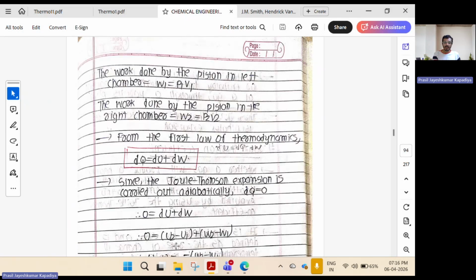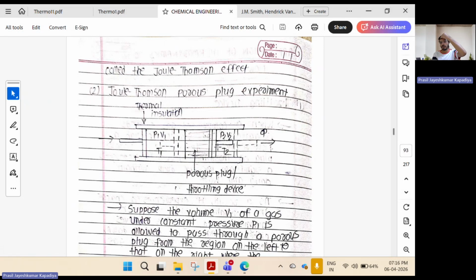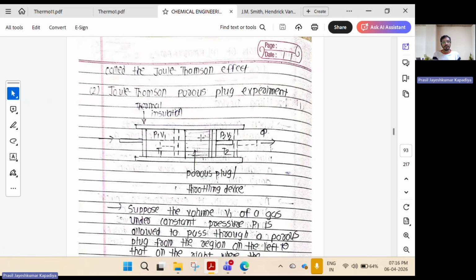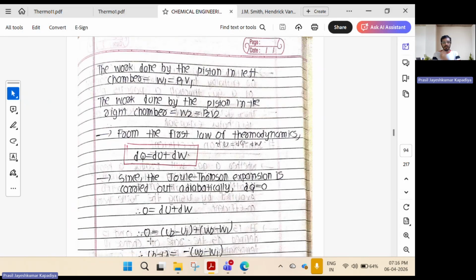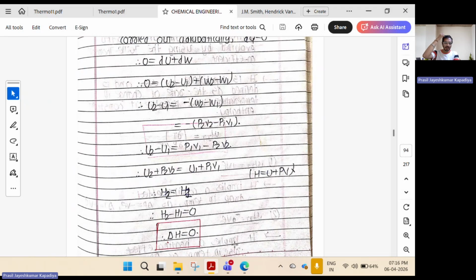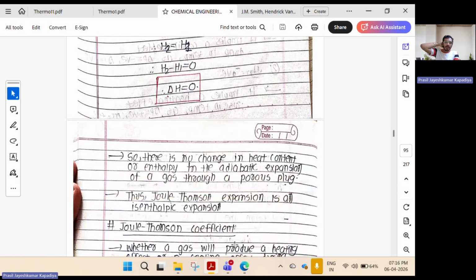From there we derived the equation with work P1V1 here and P2V2 here, and from the first law dq is equal to du plus dw. It is an adiabatic arrangement, so dq is 0. So we are left with H2 is equal to H1. So delta H is 0, which is an isenthalpic process. So the throttling process, Joule-Thomson expansion, is an isenthalpic expansion.